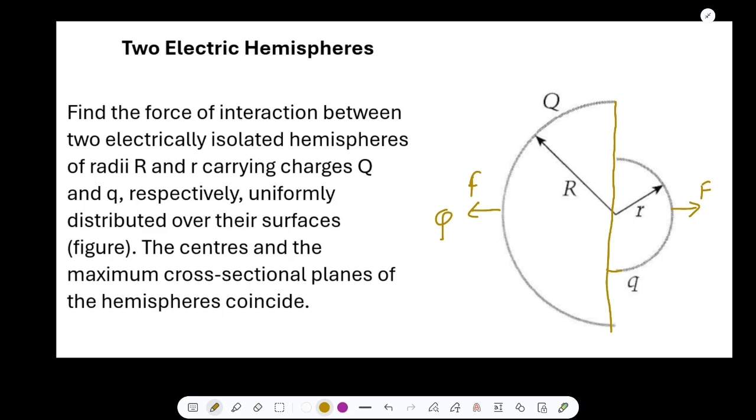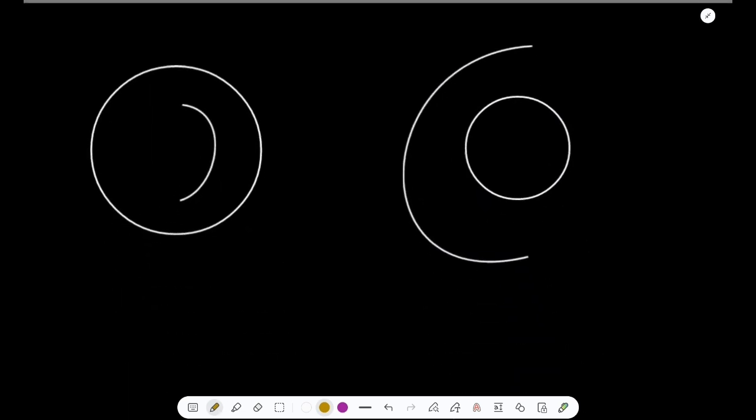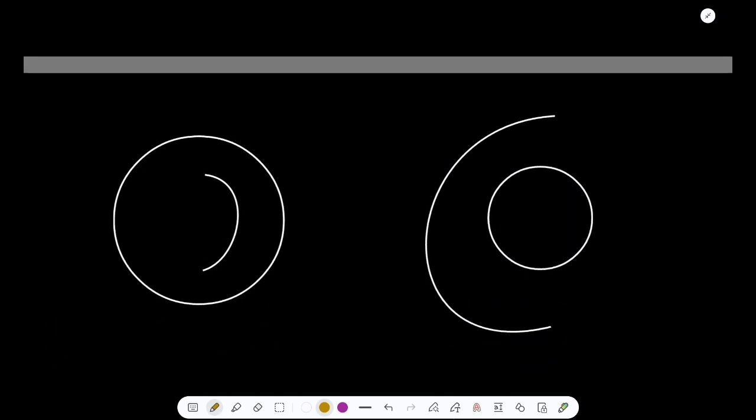And we are going to do one more thing. I'm going to place one more hemisphere, where I'm going to add a hemisphere of radius capital R carrying charge capital Q again to this sphere so that it becomes a full sphere.